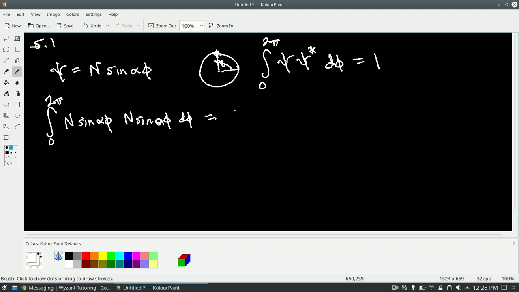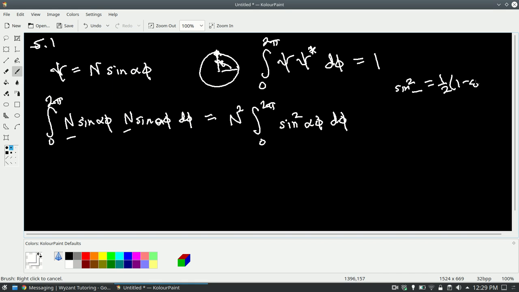And that is equal to, I'm just going to take these N's out because they are constants, N squared times the integral from 0 to 2 pi of sine squared alpha phi d phi. So they have given us a hint in the homework. They have said that sine squared of something equals 1/2 times 1 minus cosine of 2 times that something. So let's use that hint, shall we?